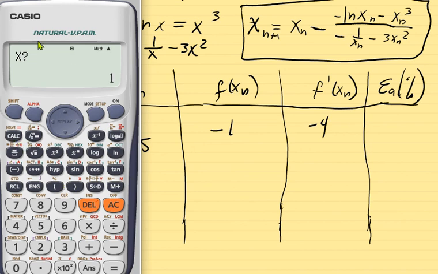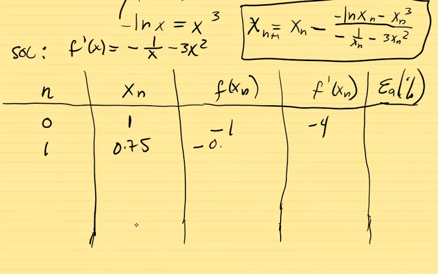So then this will be 0.75 equals. So this will be f of xn, negative 0.1341929.